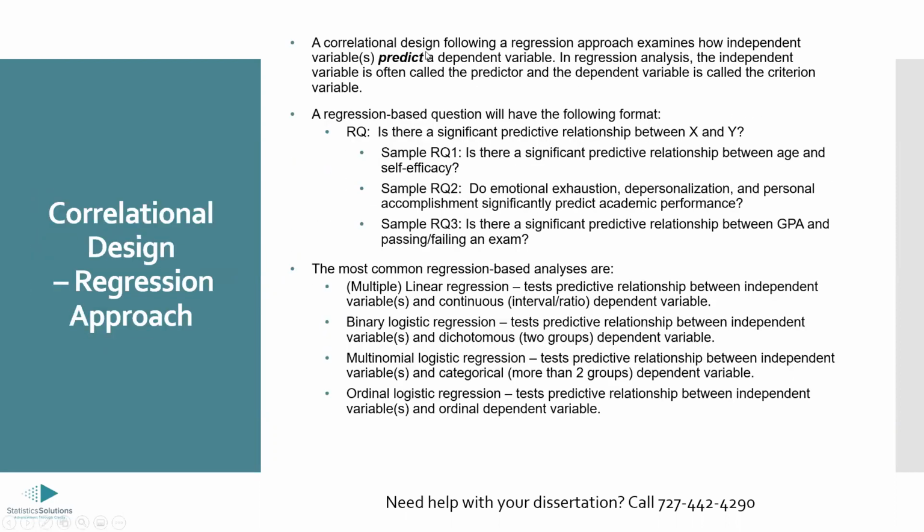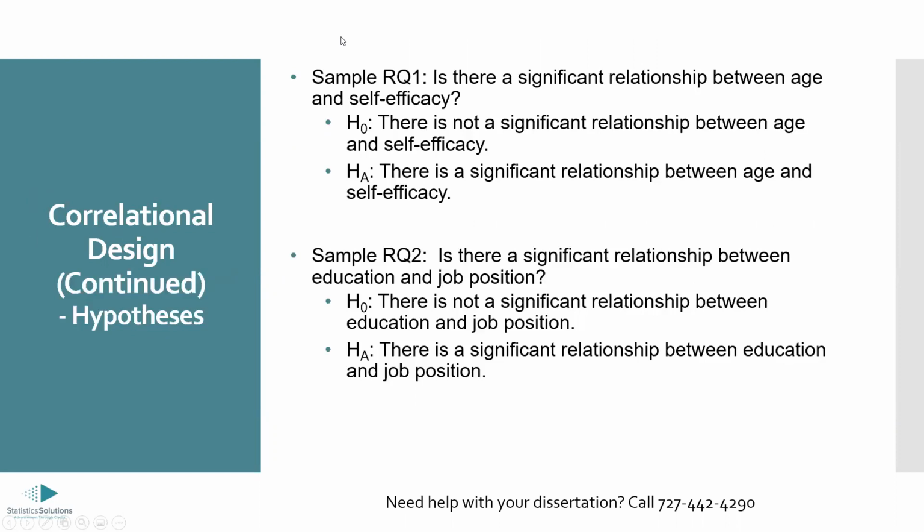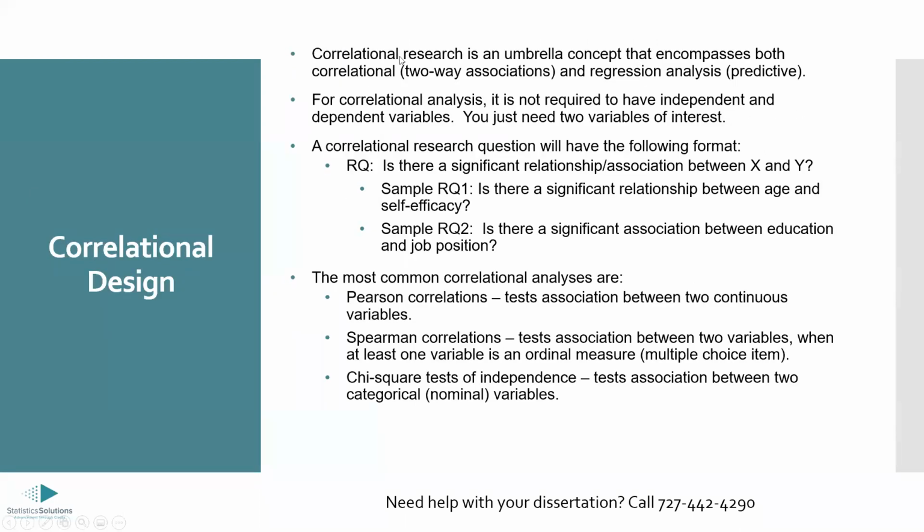Over here, if you're doing this first, right here, this first sentence, you can see correlational research is a design, and underneath correlational research you have correlational analyses, and you have regression analyses, which are predictive. So it's most likely a correlational predictive study, it sounds like to me.